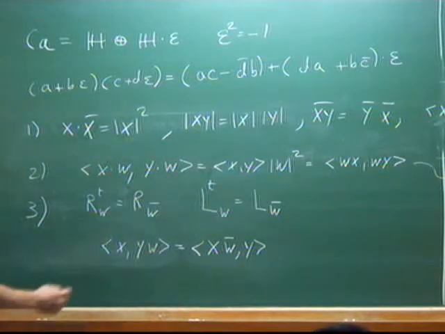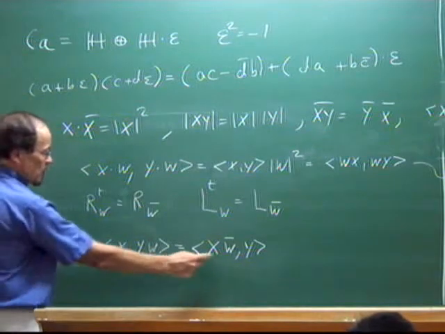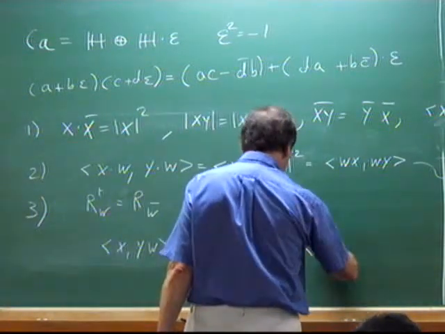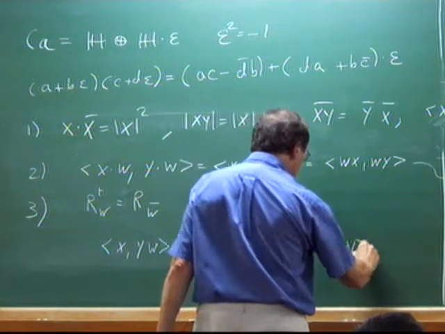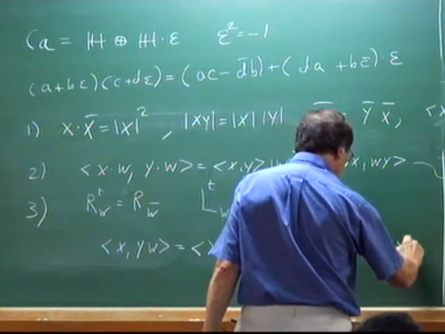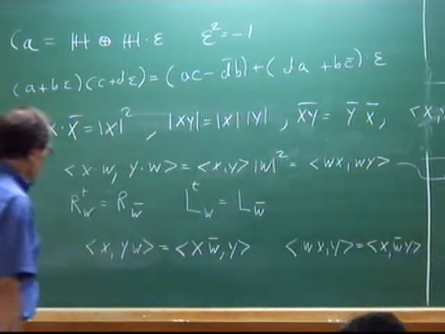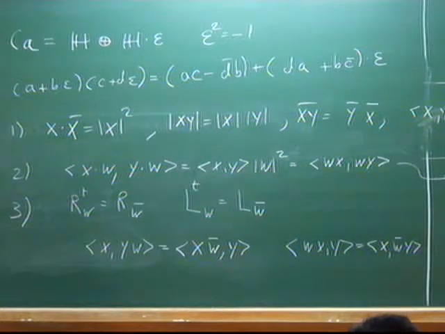So I would say that for right multiplication by w, the transpose is w bar. And then similar for left multiplication. Okay, so let's see why this is true.